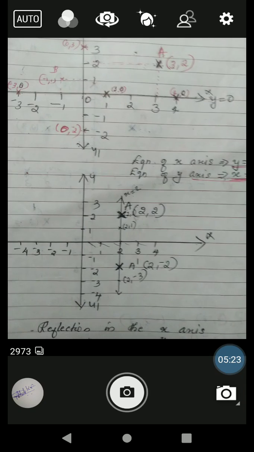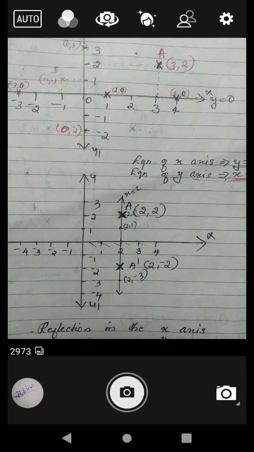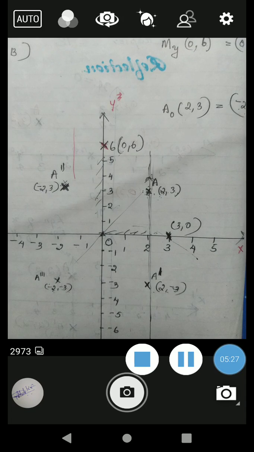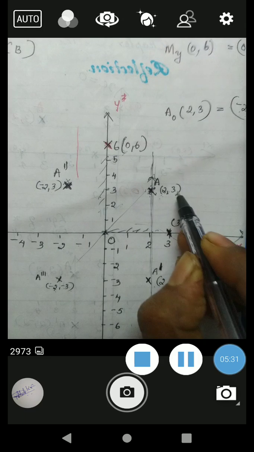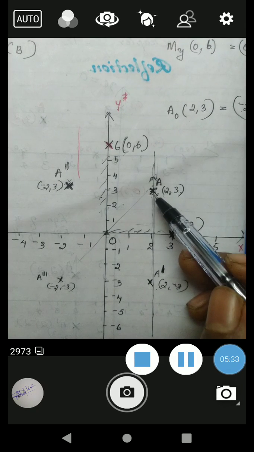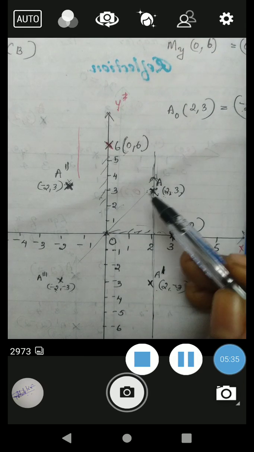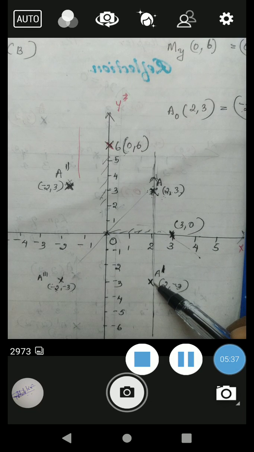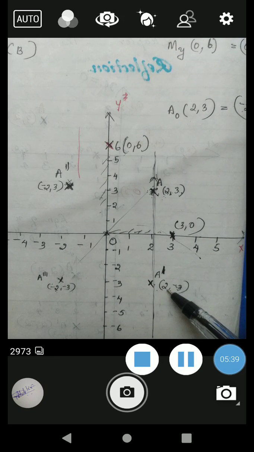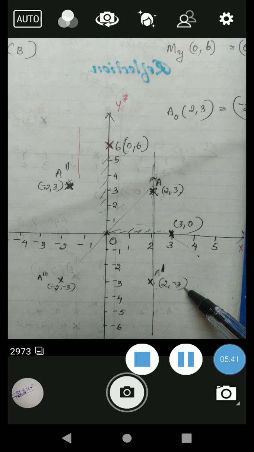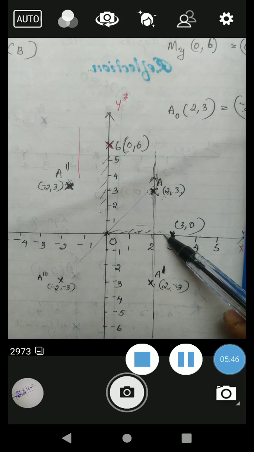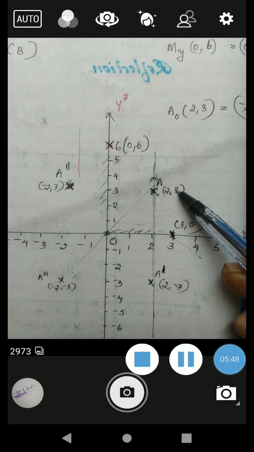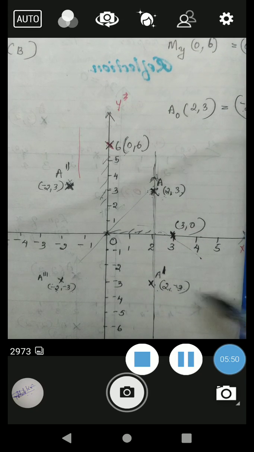Now you can see some more examples. In this figure, this point A is (2, 3). When A is reflected in the x-axis, that is A dash, it becomes (2, -3). See, when a point is reflected in the x-axis, the sign of its y-coordinate changes.